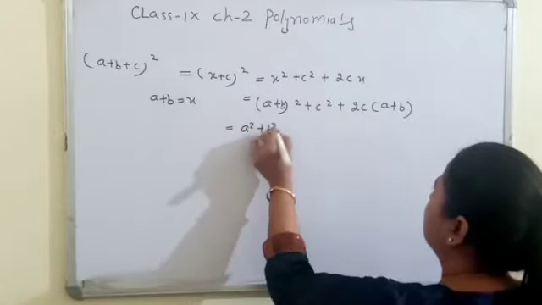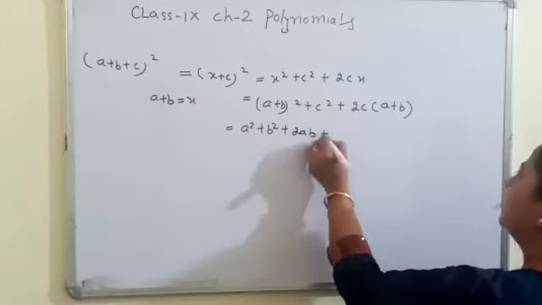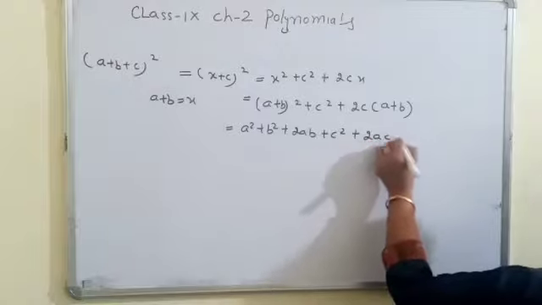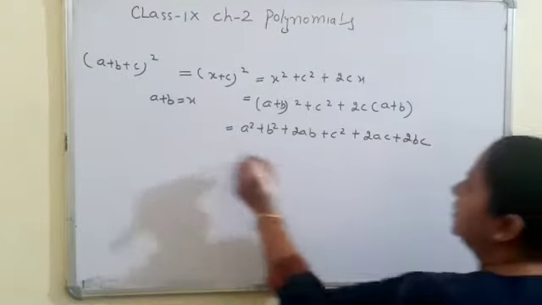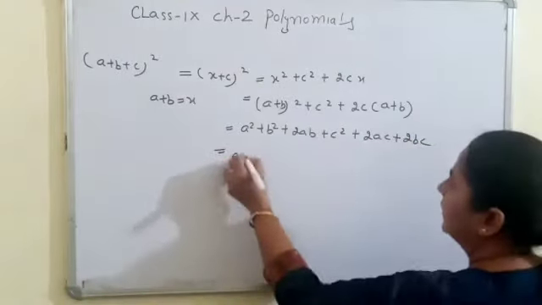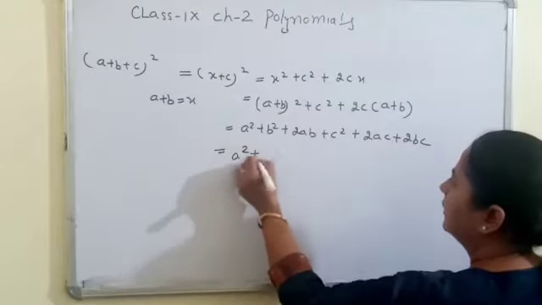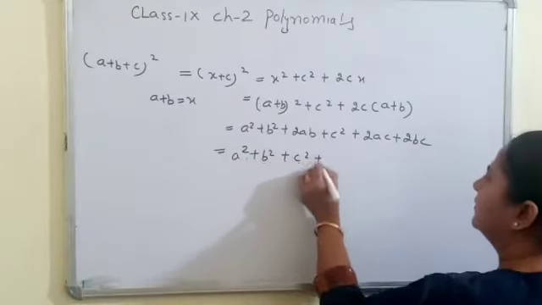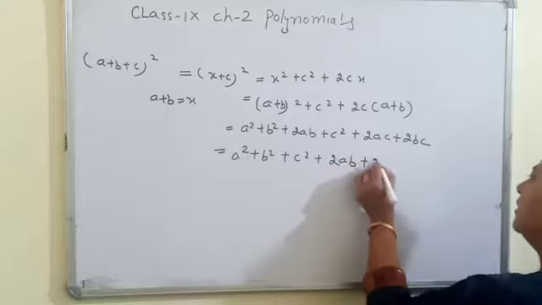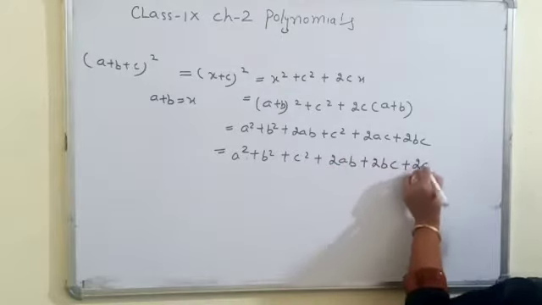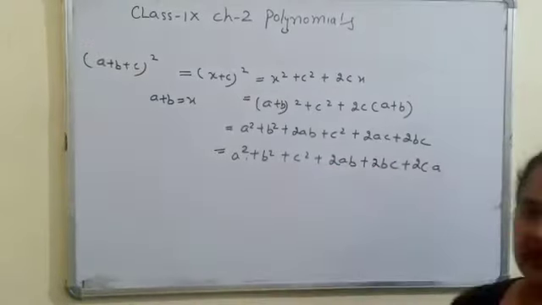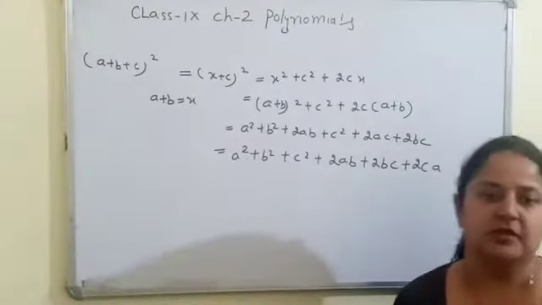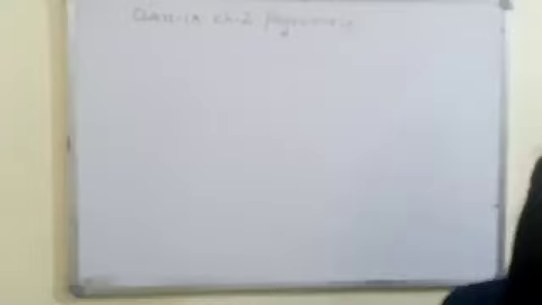This is a square plus b square plus 2ab plus c square plus 2ac plus 2bc. Now collect them: a square plus b square plus c square plus 2ab plus 2bc plus 2ca. Now this is the derivation for this identity by using (a plus b) whole square.